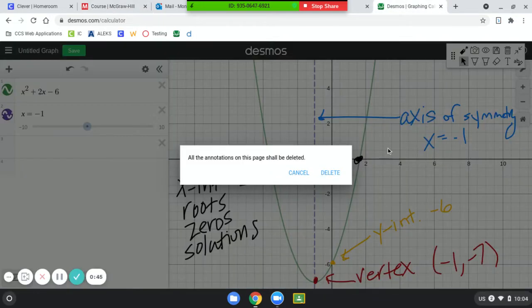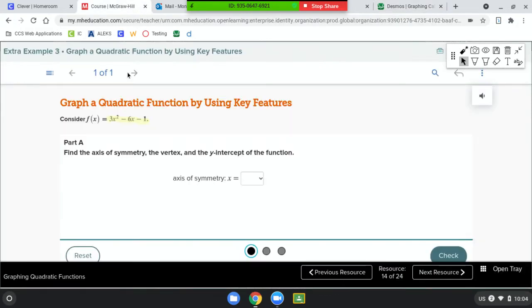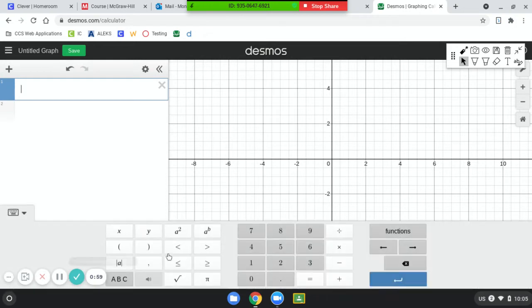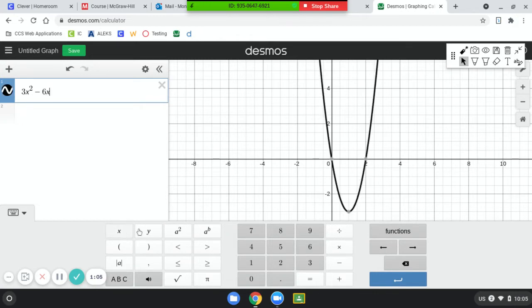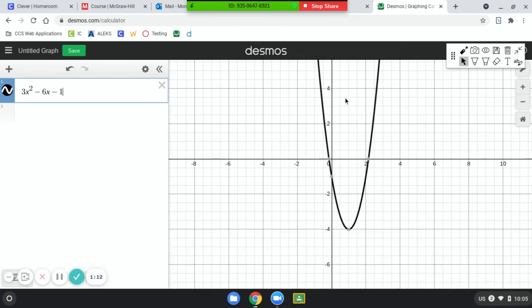So I have my Desmos open here, and I am going to put in 3x squared minus 6x minus 1. So here is that graph.